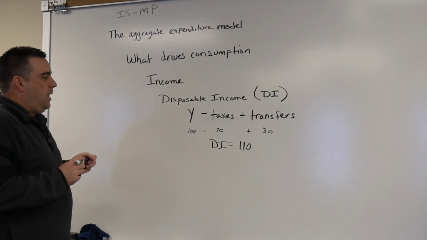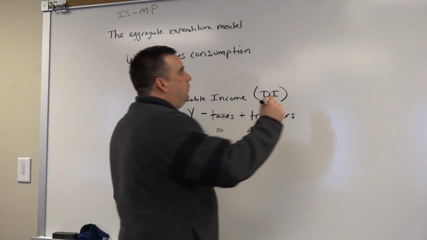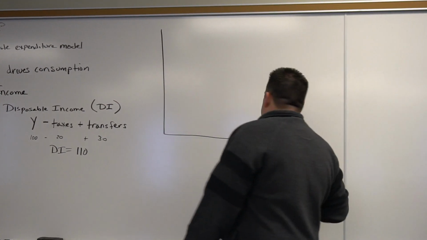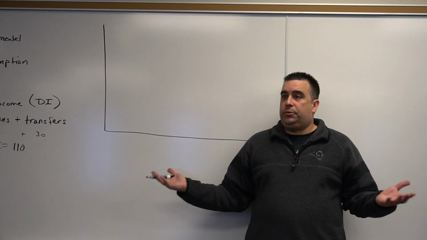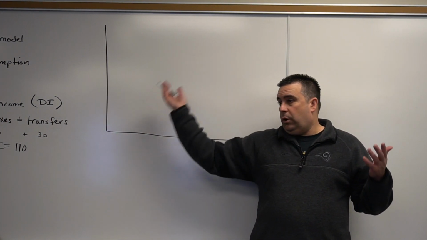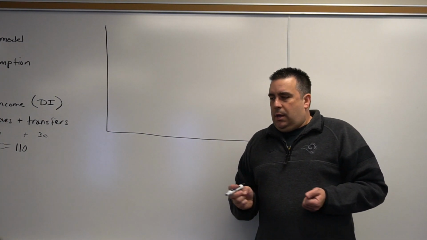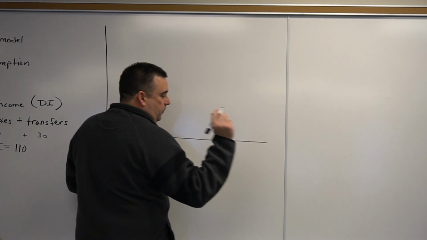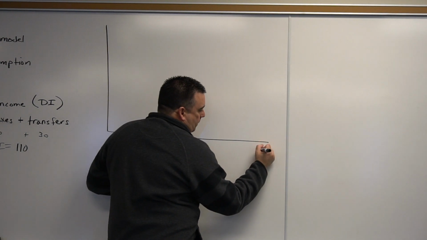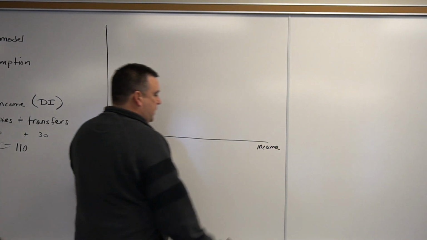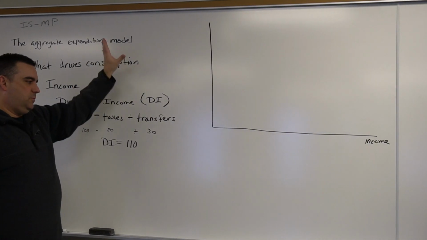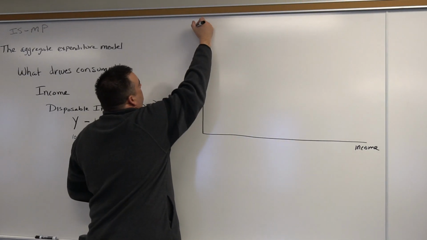Perfect. Okay, and so we would say, well, how do we expect disposable income and consumption to interact? I have two variables, which means I can graph that. I can put one on each axis. So maybe down here I'll put, for now I'm just going to call it income, because it doesn't matter at this point if we're talking disposable or total, just for now. And then up here I'm going to put spending.